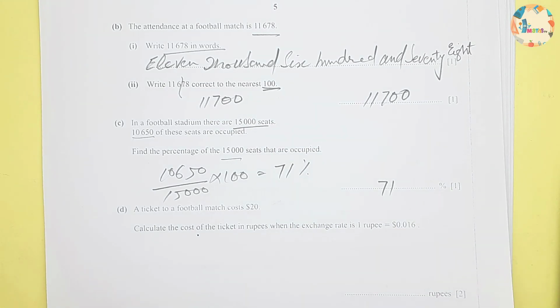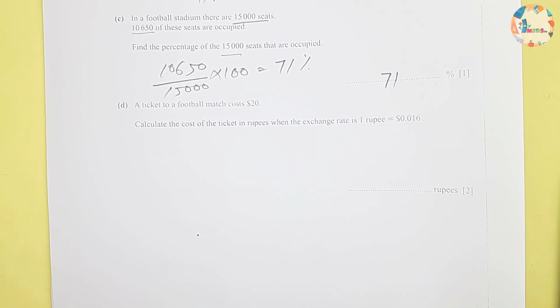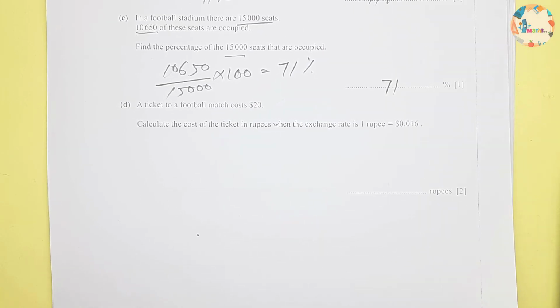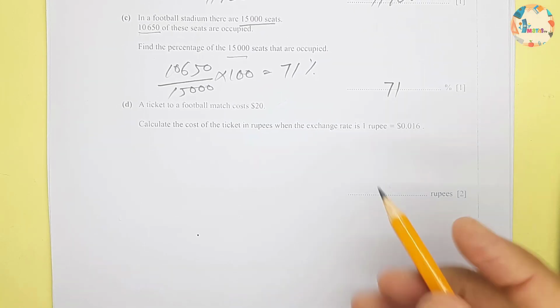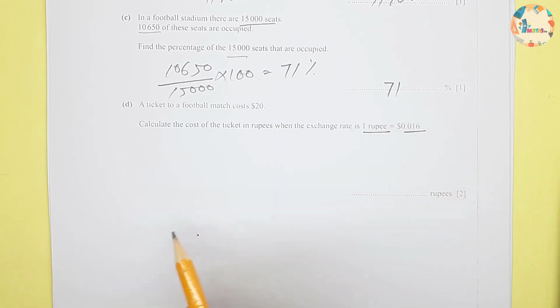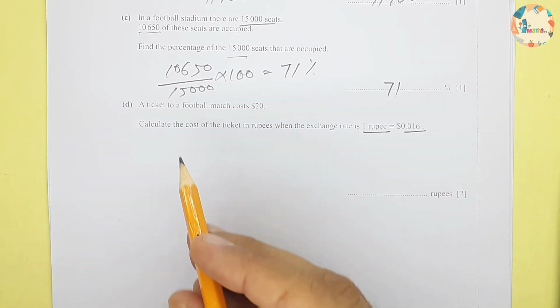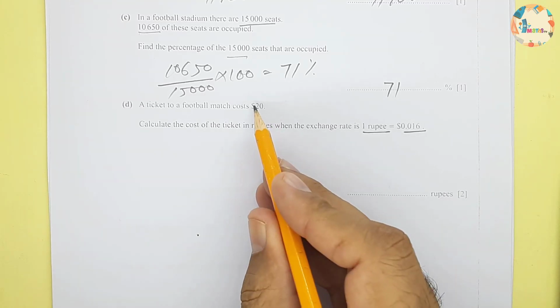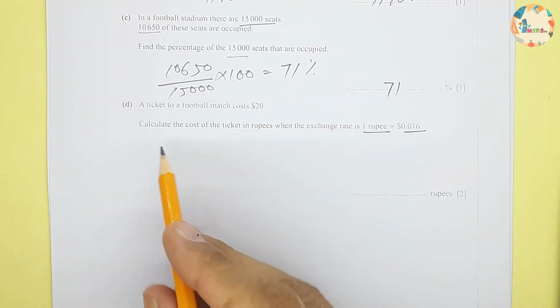A ticket of a football match costs $20. Calculate the cost of the ticket in rupees when the exchange rate is 1 rupee is equal to this many dollars. So this will be $20. We have to convert into rupees.